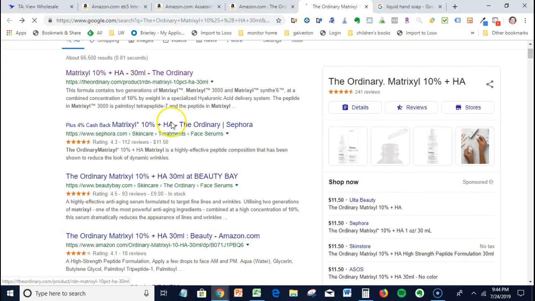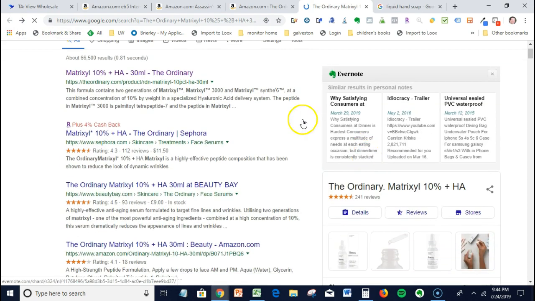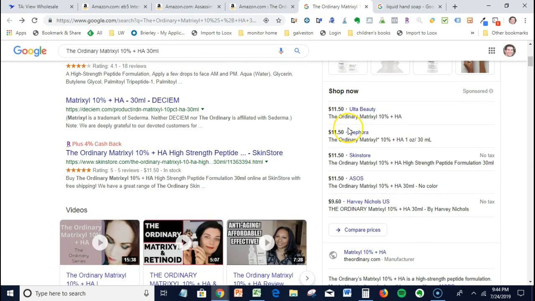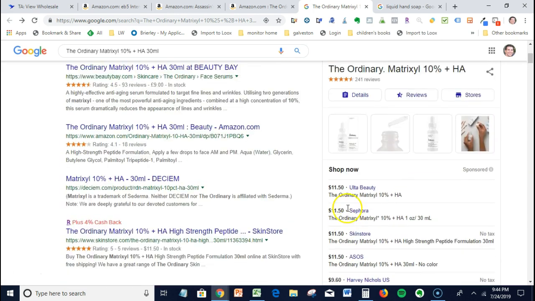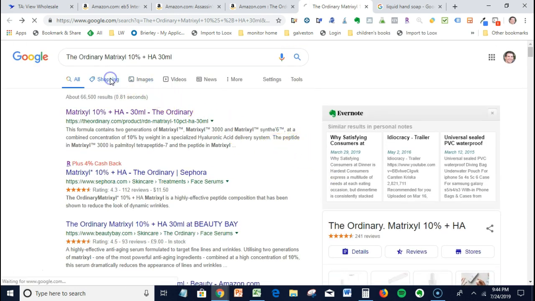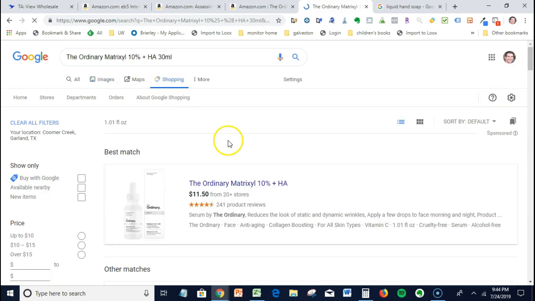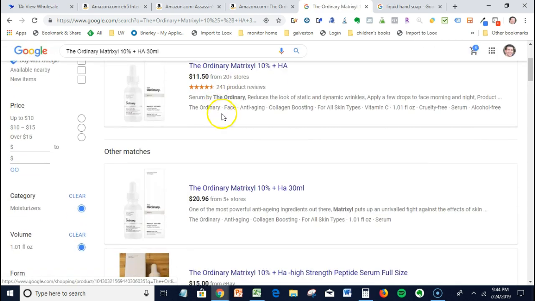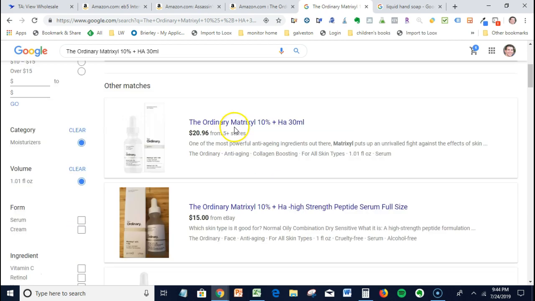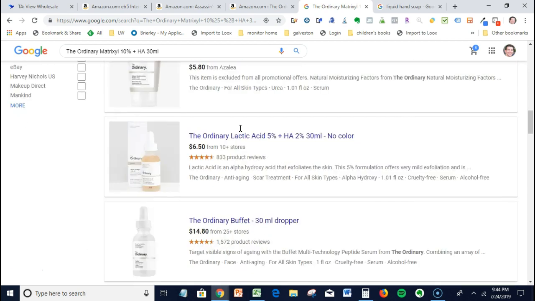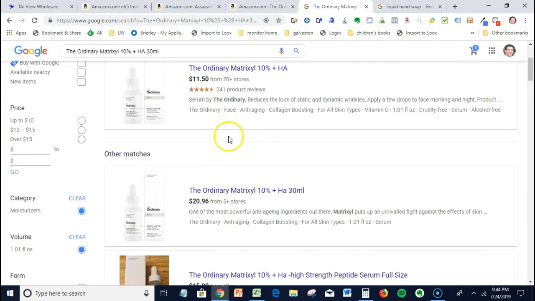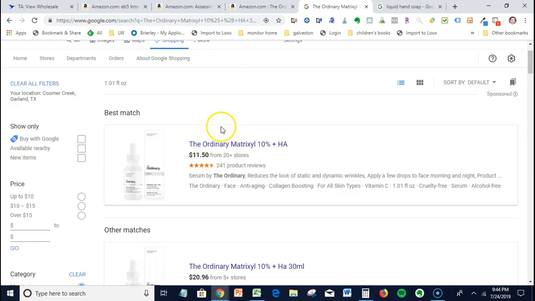So let's just see. You can sometimes click on the side. So again, there's not any perfect way to do this, but you can kind of look and see how much cheaper we can get this product. Sometimes you can go look at shopping. It says $11.50 from 20 stores. And that's the product there, $11.50.